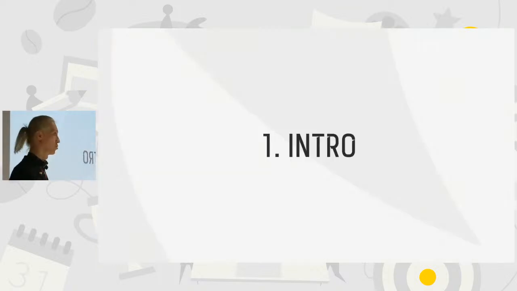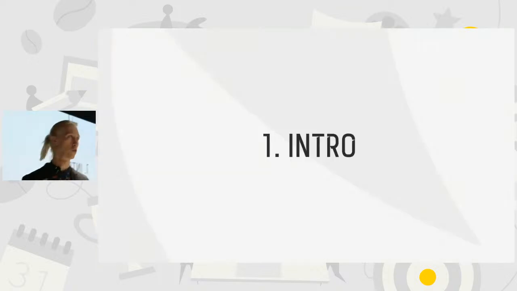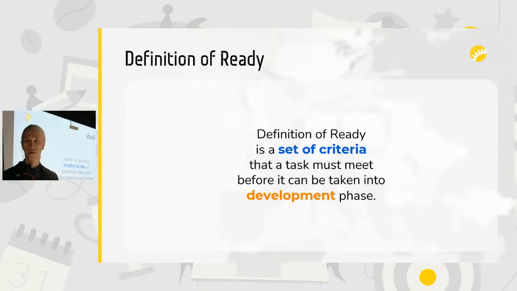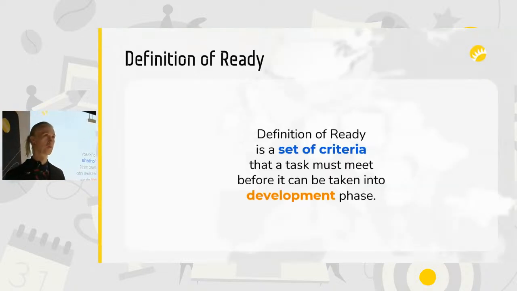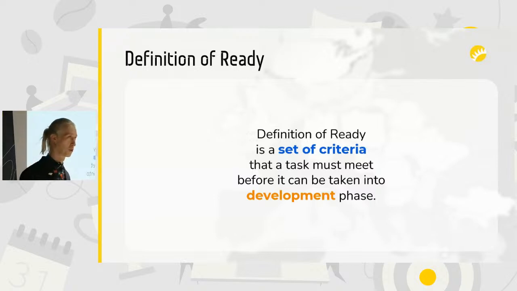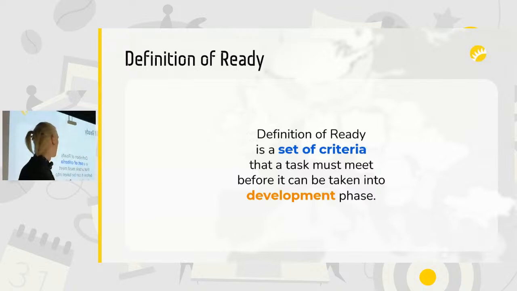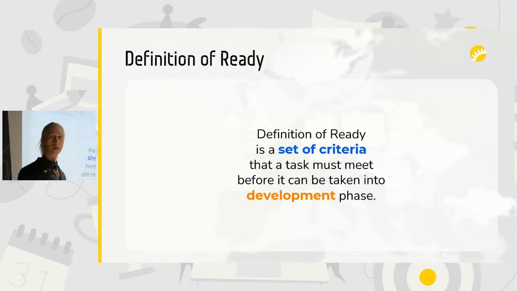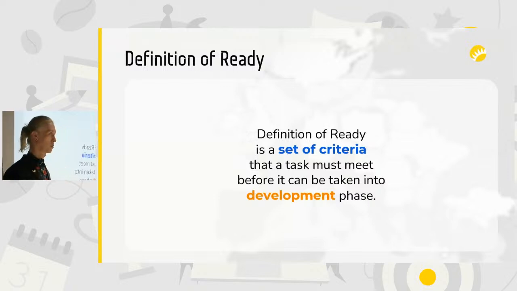So what are we going to talk about today? The definition of ready is something that lots of people either think is controversial or see as essential to work with, and maybe the only way to make your development more or less predictable for everyone involved. Still, for some reason, it doesn't exist officially in the Scrum Guide.